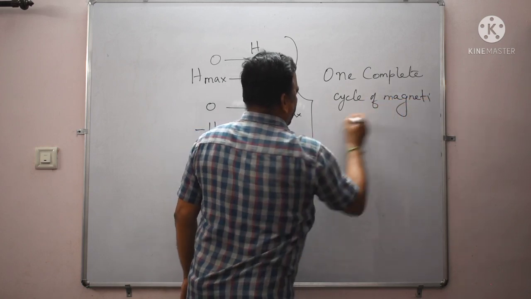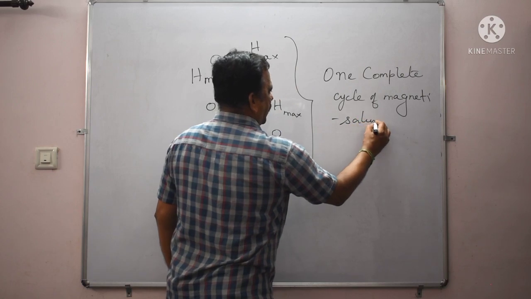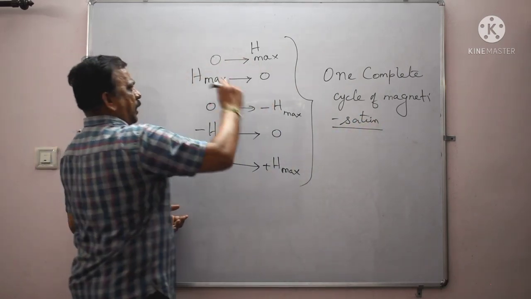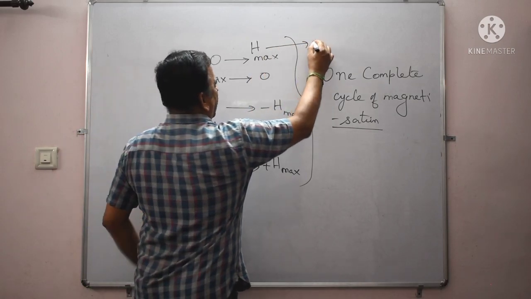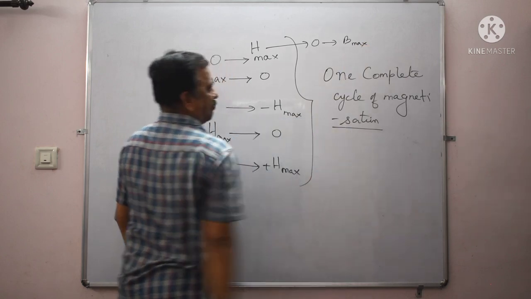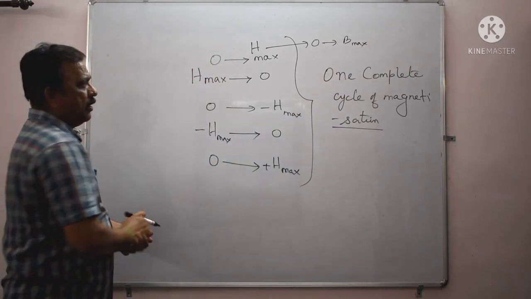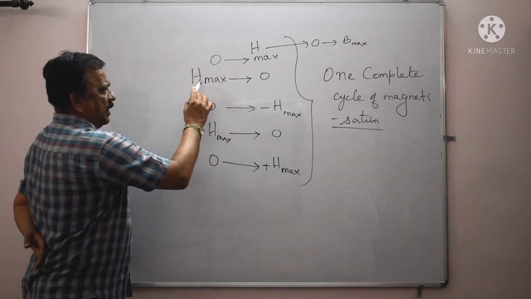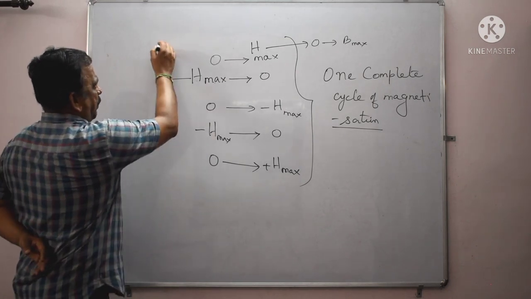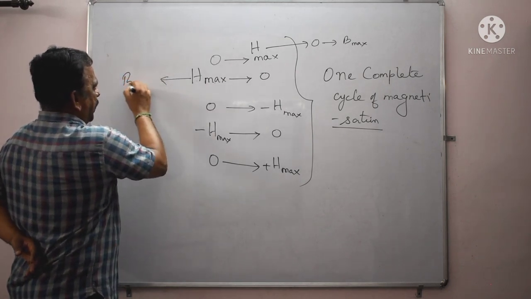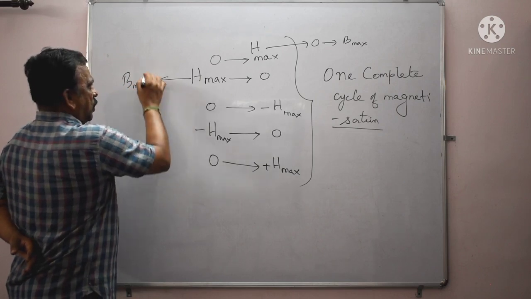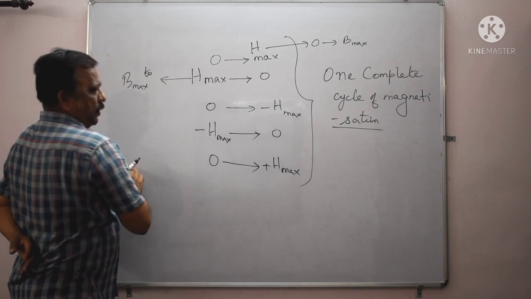Okay, so during the first step, the magnetic field will increase from 0 to B max. And during the second step, when I decrease the magnetizing field from H max to 0, the magnetic field induced in the specimen will change from B max, that is the saturation magnetic field, to not 0.